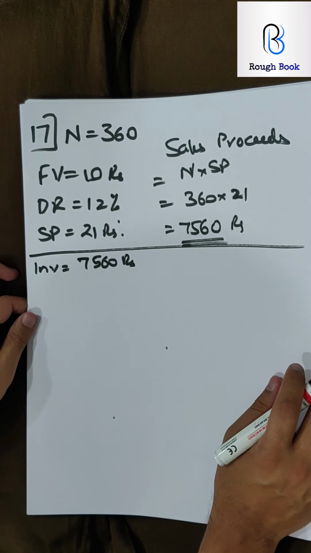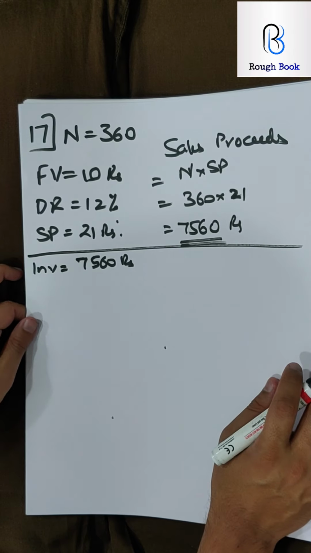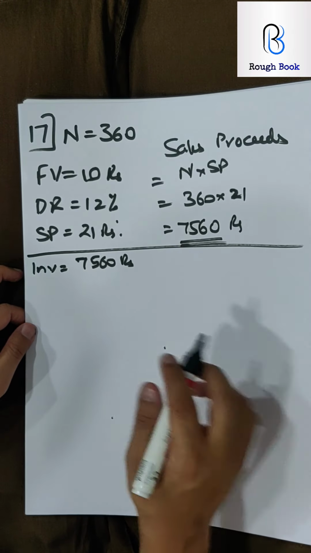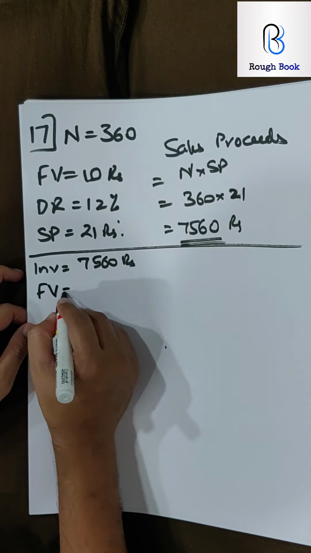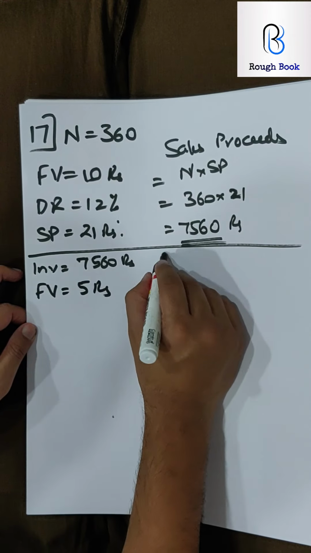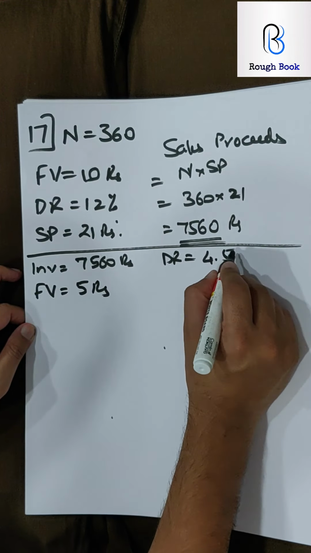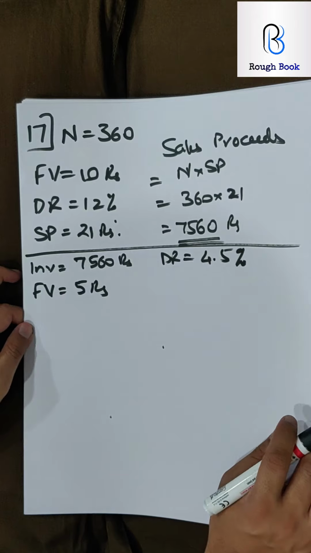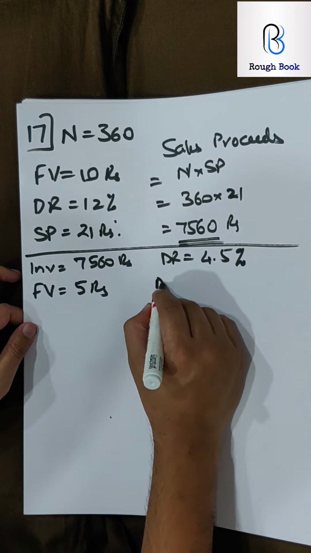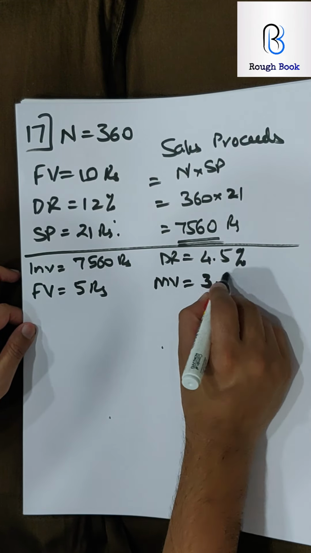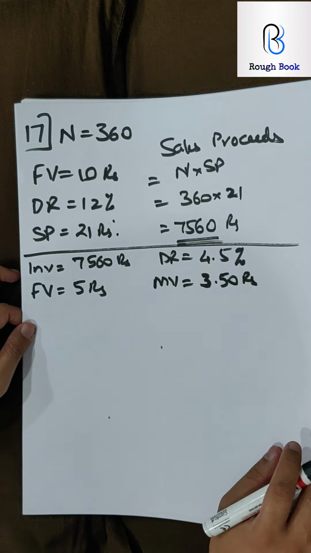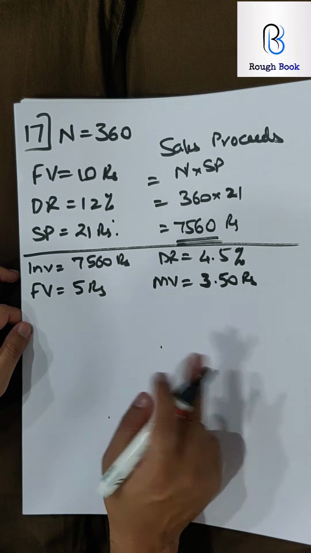So now let's see what happens with the second share. Further they say in 5 rupees shares paying 4.5%. So face value 5 rupees, dividend rate 4.5%, at 3.50. So market value 3.50 rupees is the market value. Find the annual change in income.